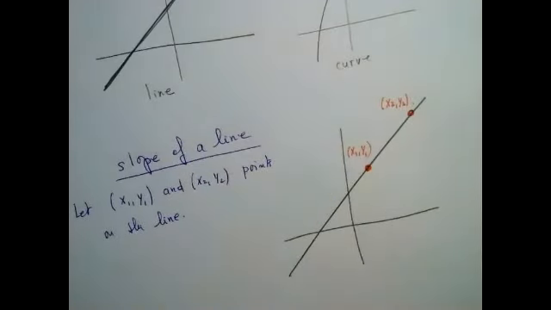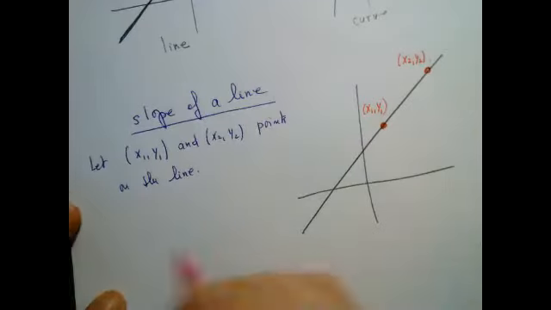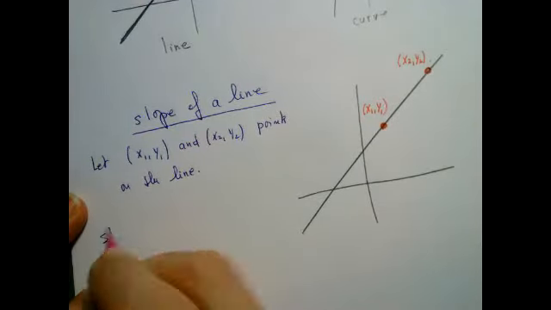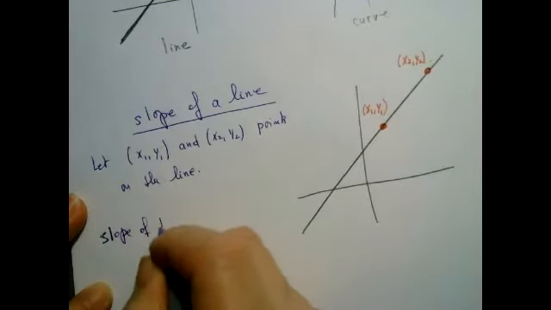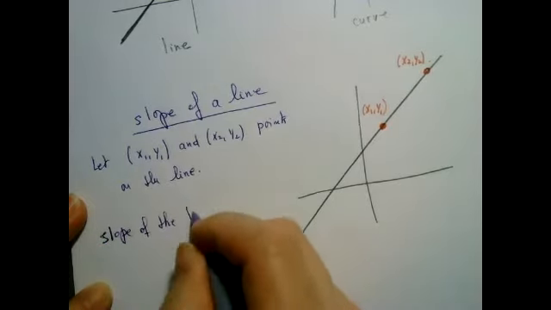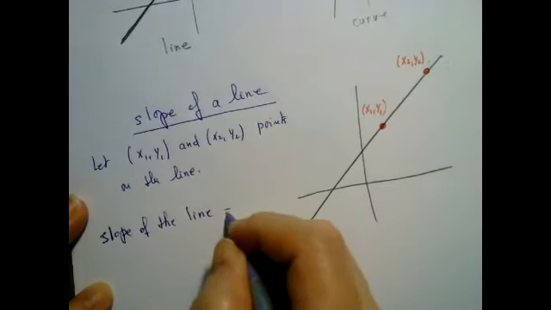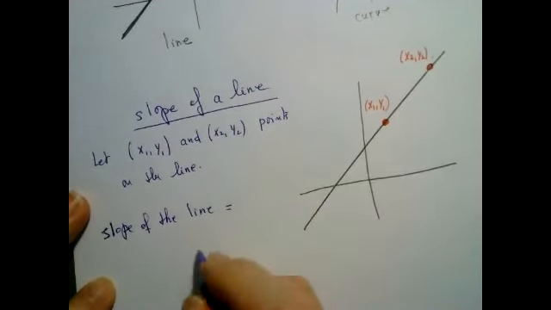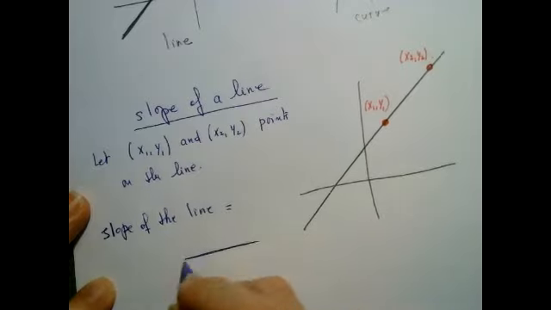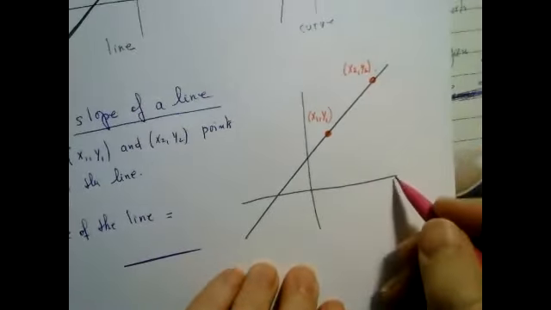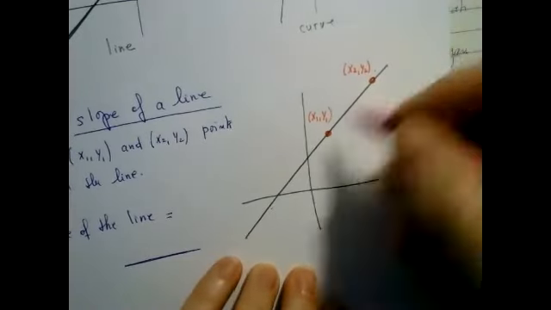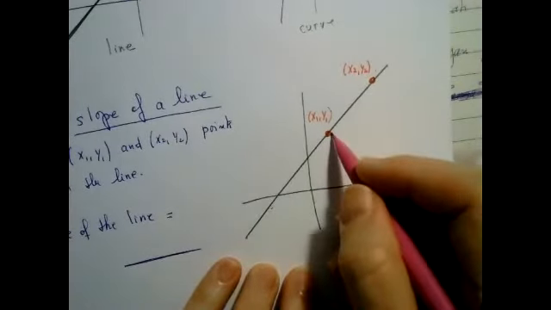Then the slope of the line, just to remind us, is of course the average rate. Like we thought of the average rate, suppose we're going along this line.